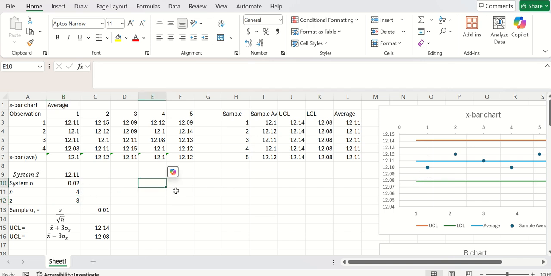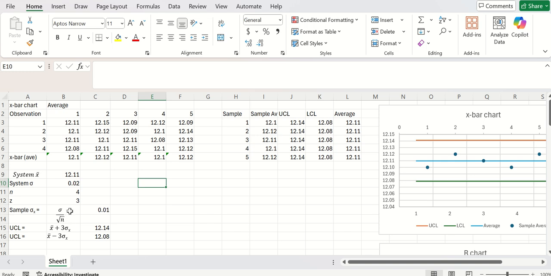The reason these matter to us is that we want to calculate the overall standard deviation from our sample. We did the system standard deviation, and now we can go back, because we have also sampled more.